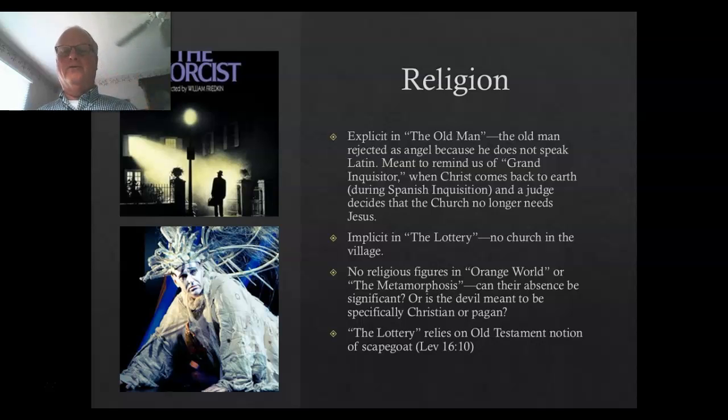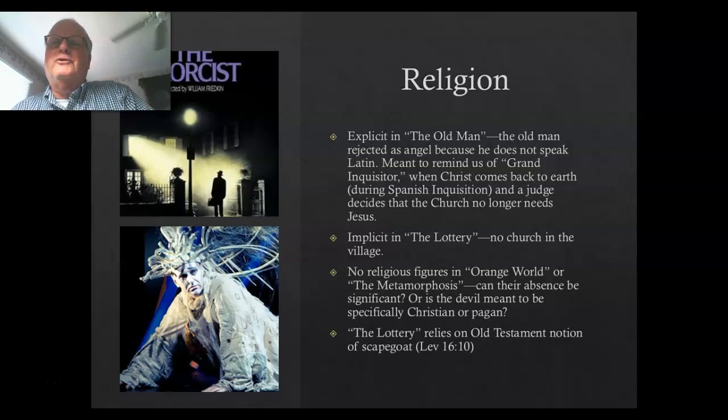But in fact, if you go to Leviticus, the book of Leviticus in the Old Testament, you'll see a description of a scapegoat and how it's done back then. It's a small reference, but it still gives us this idea that this tribal society that's prevalent in the Old Testament is one that relies very heavily on this idea of collective sin and collective forgiveness, in the sense by punishing one person.